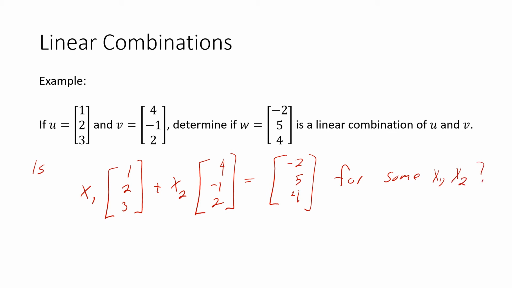That's what it means. Is something a linear combination of something else? So written in vector form is x1u plus x2v equal to w for some x1, x2. That's what we have to try to determine.